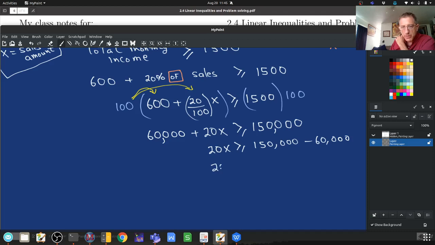So that gives me 20x is greater than or equal to 900. So I'm going to divide both sides by 20.